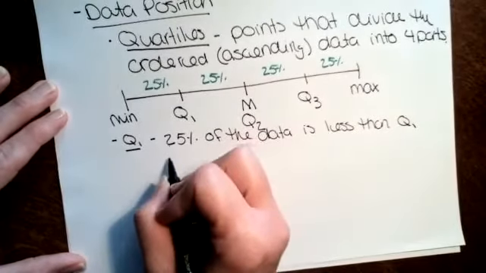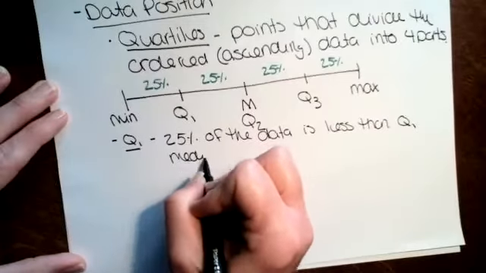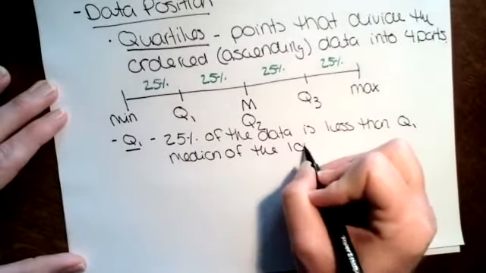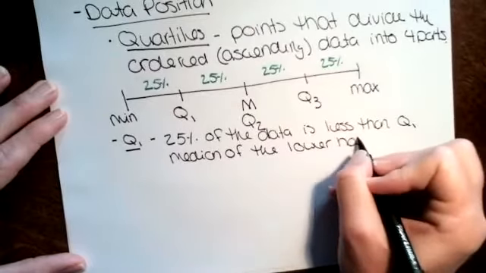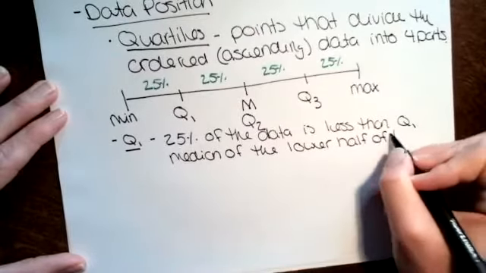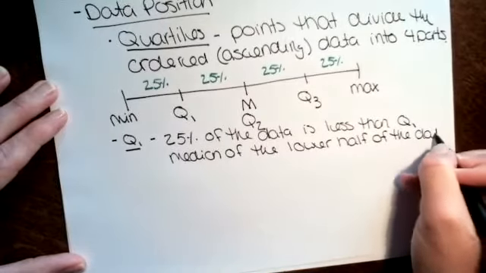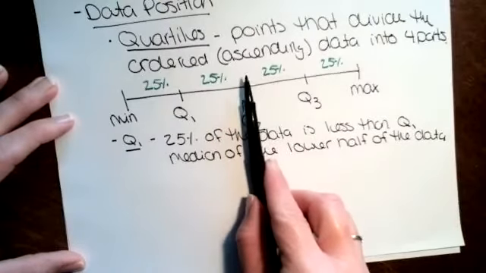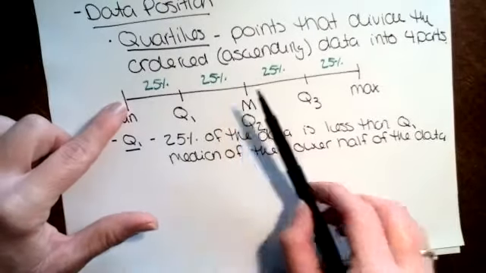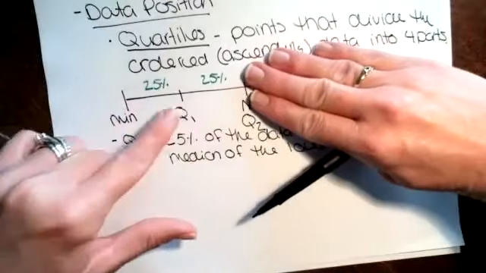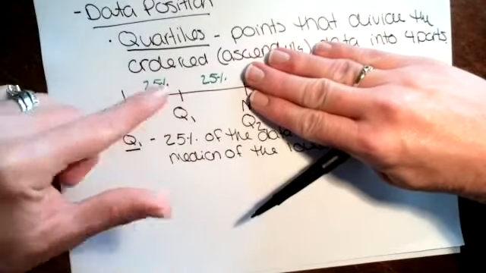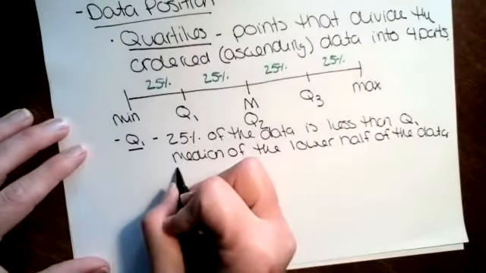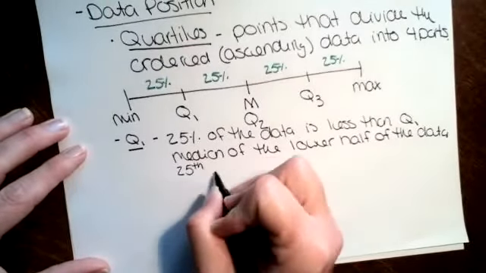Quartile 1 is the median of the lower half of the data. The median is the middle point, so if I'm looking at the lower half, that's everything over here on the left, quartile 1 is the median for that lower half. And this can be called the 25th percentile.